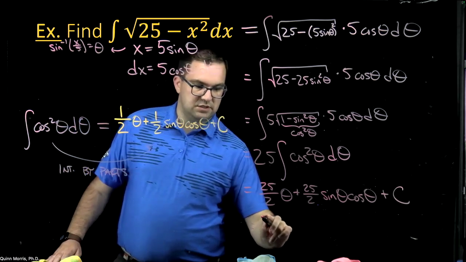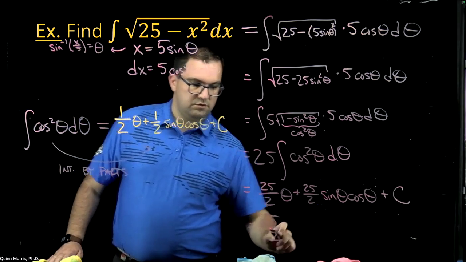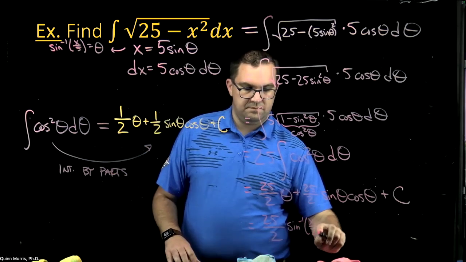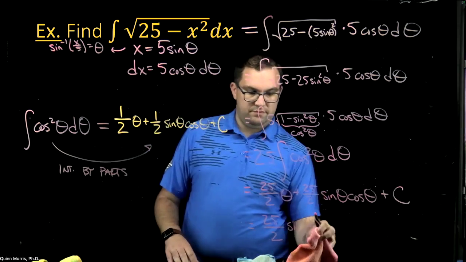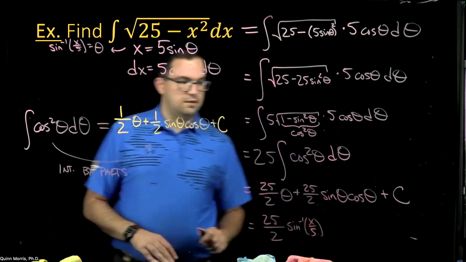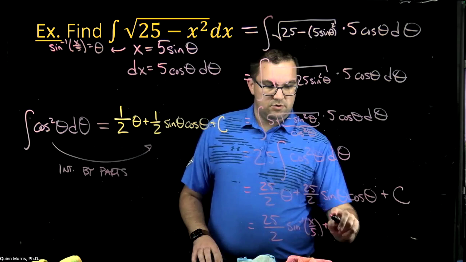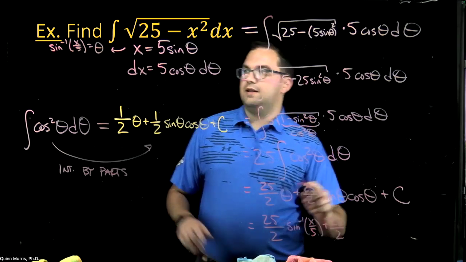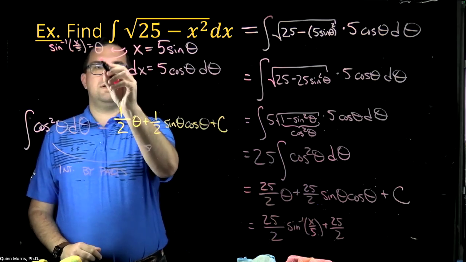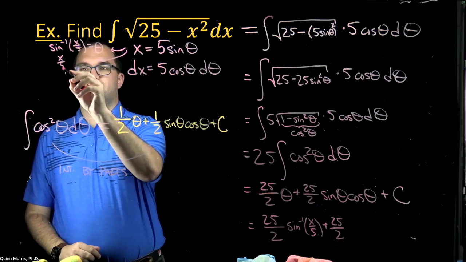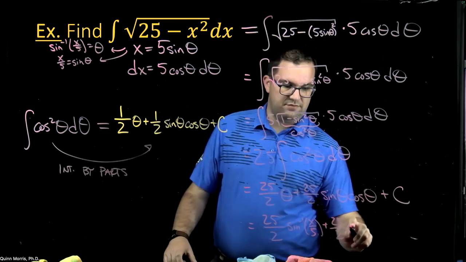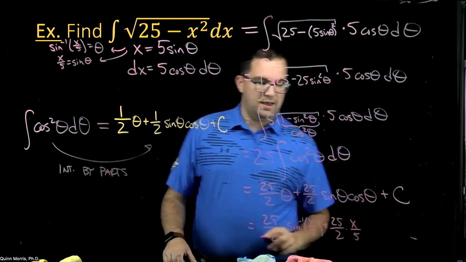So this first piece is not too bad to simplify. Now, the second piece, we need the value of sine of theta. Sine of theta we can solve directly for here. Just dividing by 5, we get x over 5 is sine of theta.